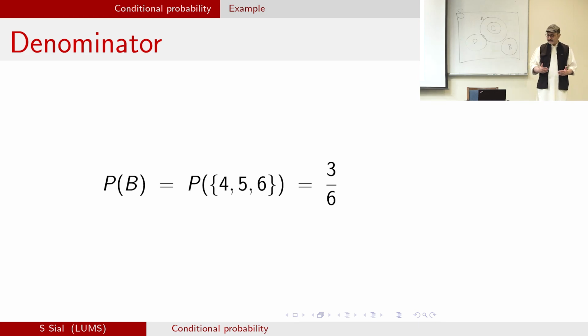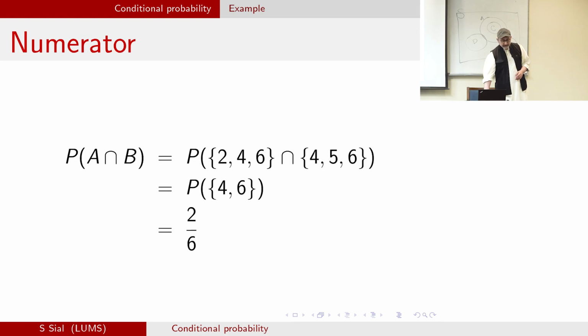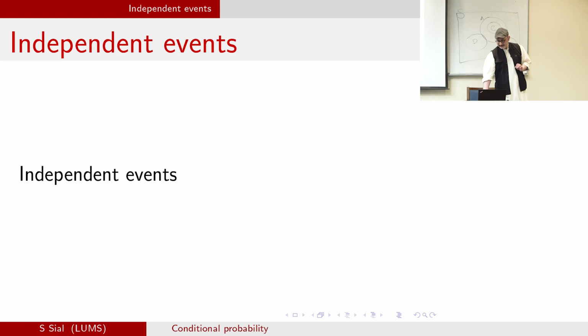That's 3 outcomes out of 6 equally likely outcomes, so that's 3 over 6. Now we want the probability of A intersection B divided by the probability of B. That's the conditional probability of A given B.